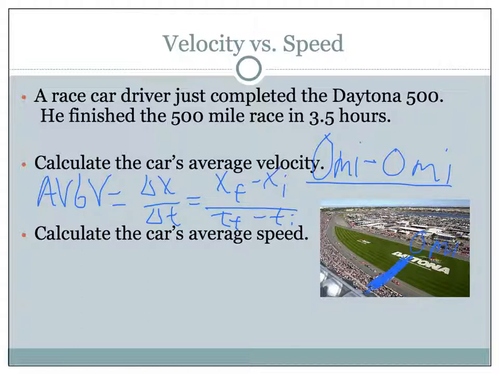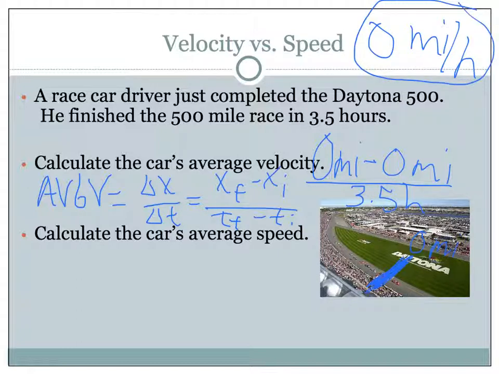Well, the time is 3.5 hours minus 0, so 3.5 hours. And of course, we're going to end up with a velocity of 0 miles per hour. So velocity for that race car, even though it went all those times around the track, doesn't make a difference because the starting point and the ending point were the same.